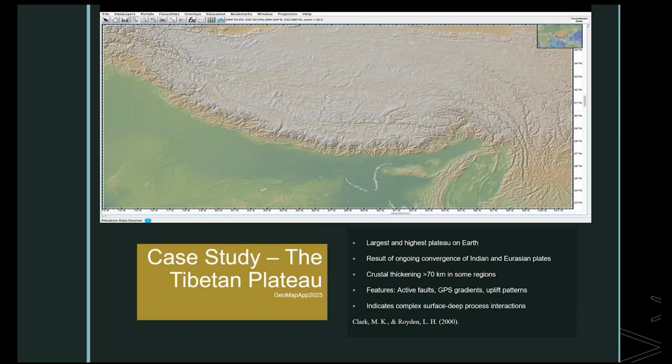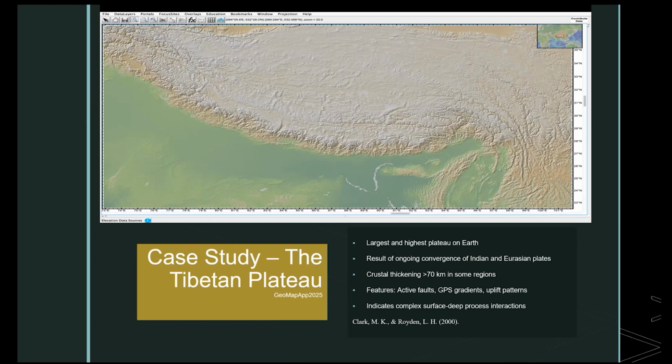In slide 6, my case study is presented. The target case study is the Tibetan Plateau. The Tibetan Plateau is the prime example of continental collision dynamics.